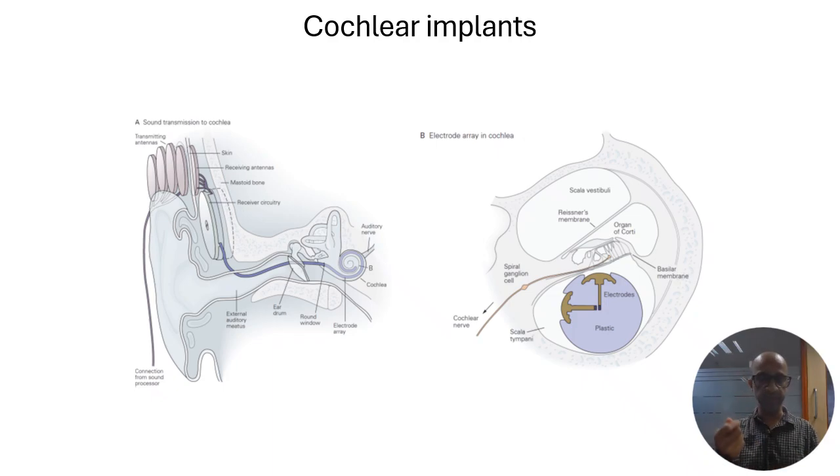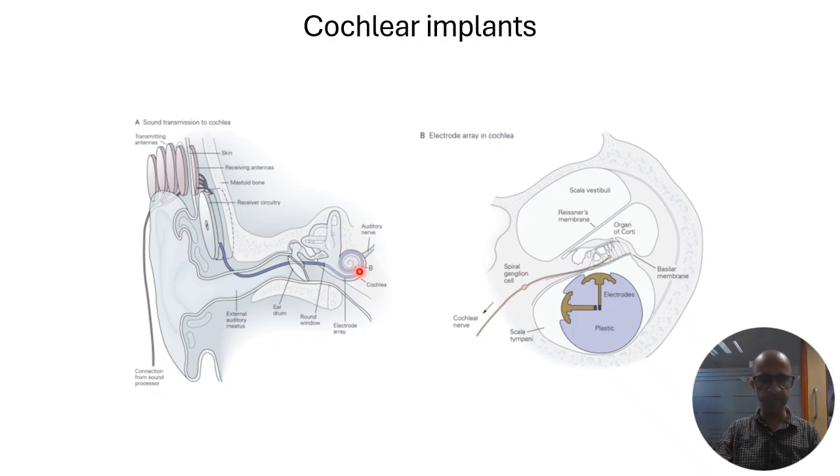So you can simply have a microphone that records sounds as they're coming in, and then you pass it through a processing device that can segregate different frequencies and measure the power at different frequencies, and depending on power at different frequencies, it can stimulate. Let's say, for example, if you get a low frequency auditory stimulus, that can trigger this part of the cochlea.